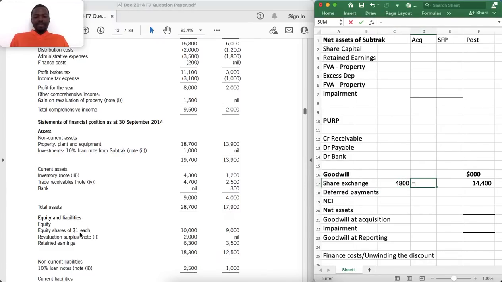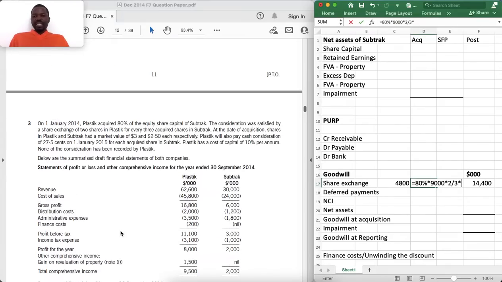Then we do the same thing here. We say 80% multiplied by 9,000 multiplied by 2 divided by 3 multiplied by the share price of 3 less the nominal value, we get 2. So this figure we will use for share capital. This figure we will use for share premium, like that.